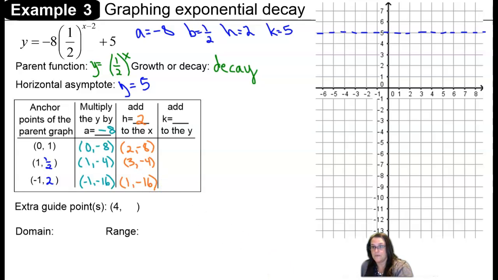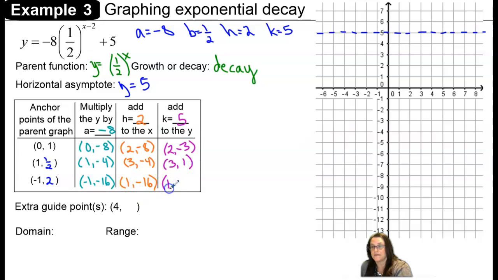And then we have to add k, which is 5, to each of these y values. So the x stays the same now, and -8 plus 5 is -3. Then the x stays the same, and -4 plus 5 is +1.